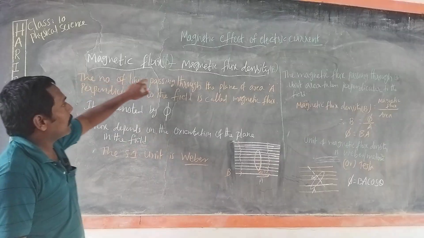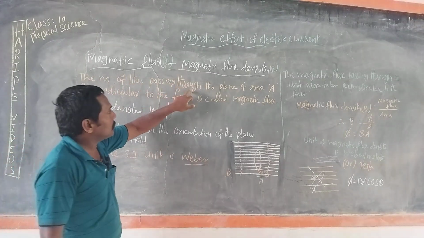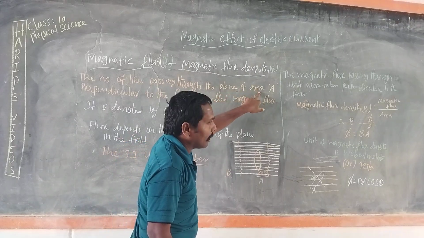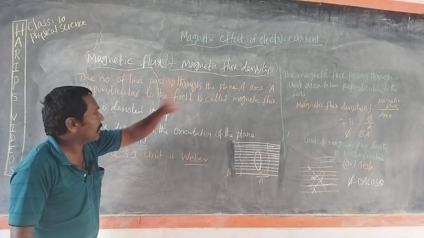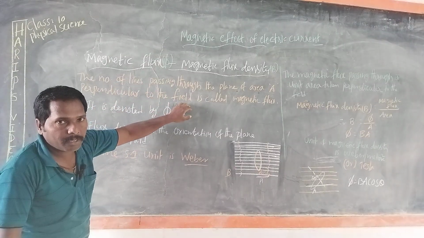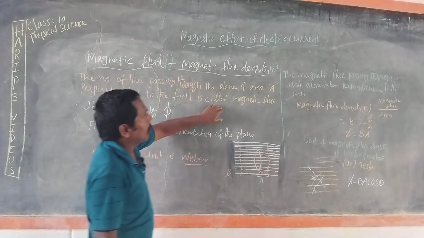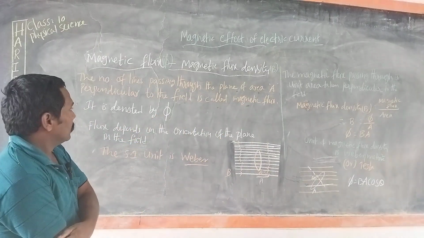The number of magnetic field lines passing through the plane of area A, perpendicular to the field, is called magnetic flux.